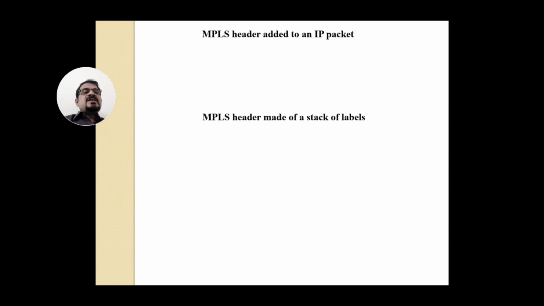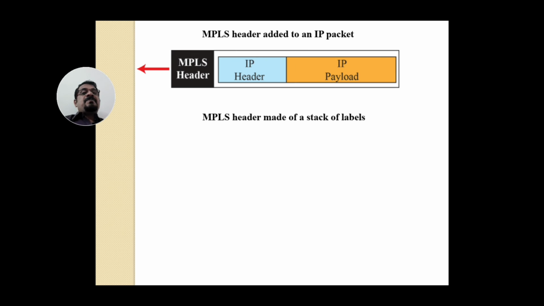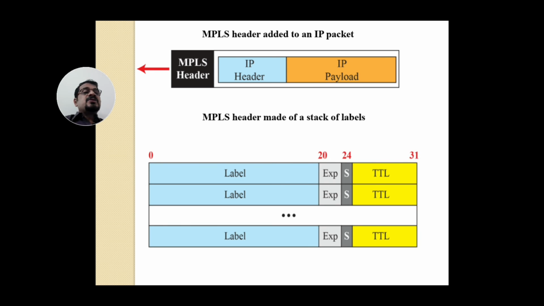Next, we will see the multi-protocol label switching header. The MPLS header is added to an IP packet. Along with the IP packet, multi-protocol label switching assigns labels along with your original data. That data contains an IP header and then the IP payload. Apart from that, MPLS headers are there.